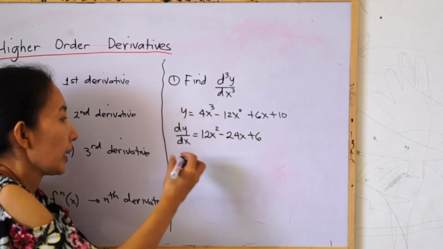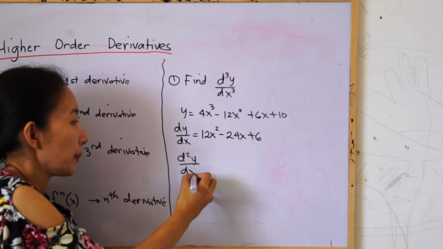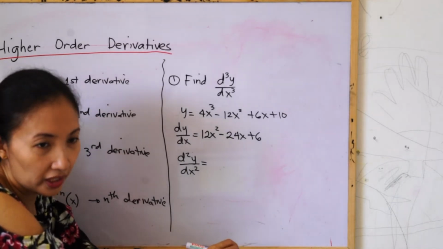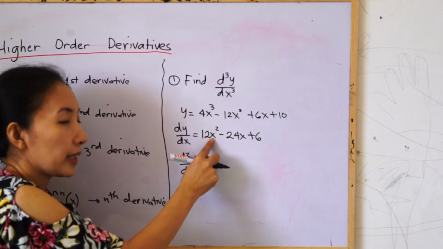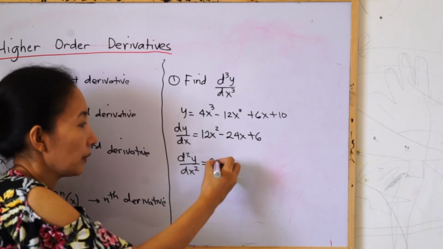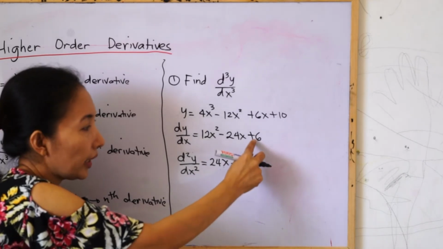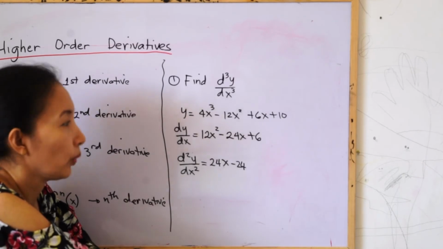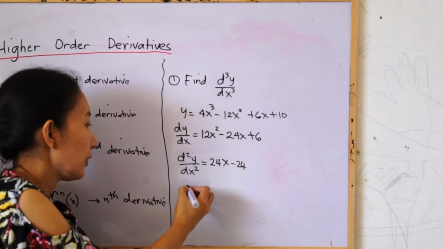Next, the second derivative of y with respect to x: we differentiate the first derivative to get the second derivative. What will this be? 24x minus 24, and the derivative of 6 is 0. And finally, what is asked for in the problem? The third derivative.